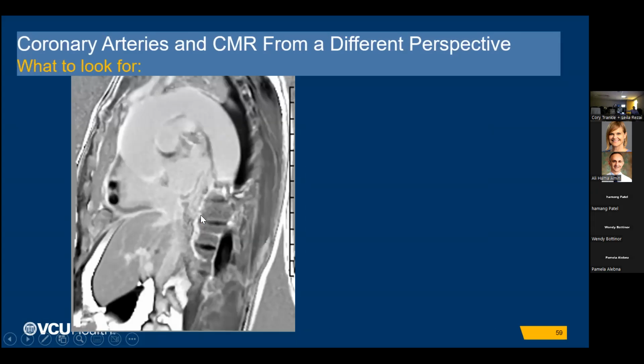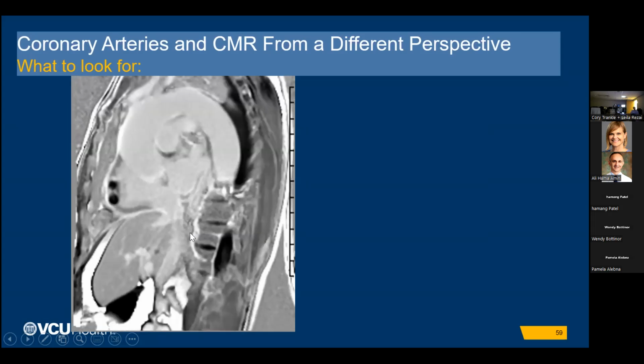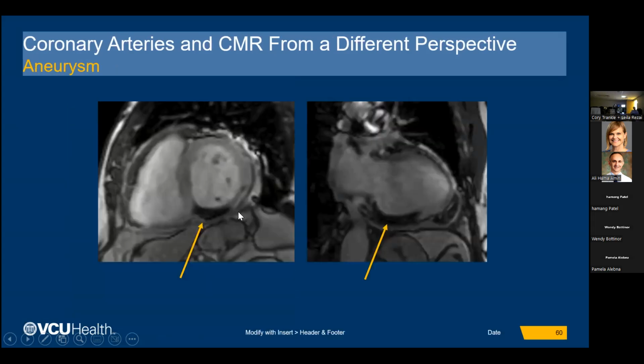So what is this structure? This is basically an aneurysmal right coronary artery. Again, on the delayed gadolinium enhancement sequence, we have transmural enhancement of the wall and a large, basically, MVO or area of no reflow.